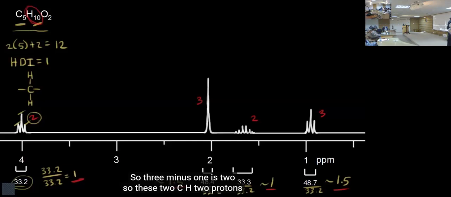Triplet means there can be two neighbors. Then we have three proton singlets. Three proton singlets can be CH3 next to a carbon, and we have one hydrogen deficiency, so it can be a carbonyl. And we have one more oxygen, then we can think of an ester.